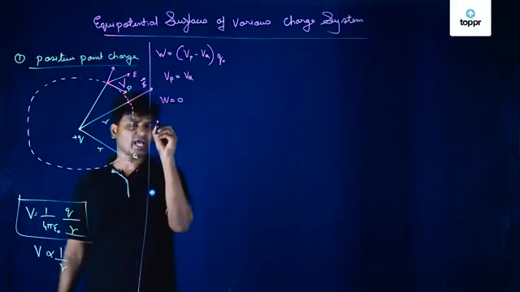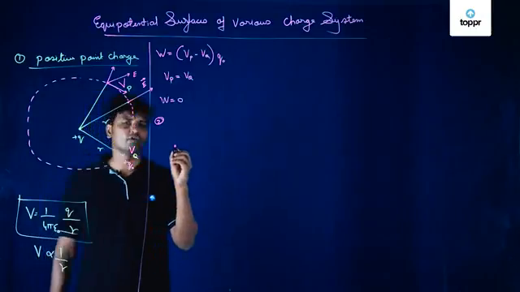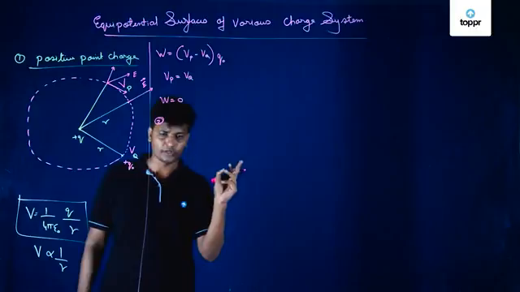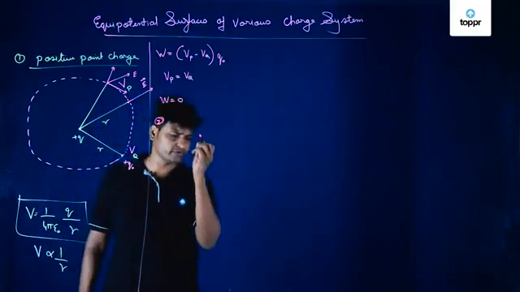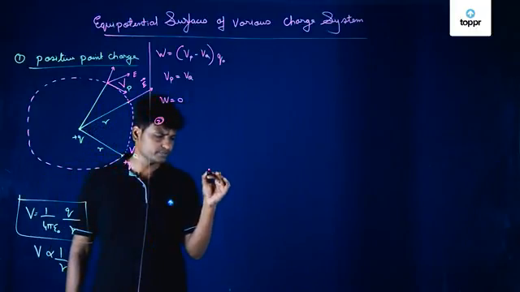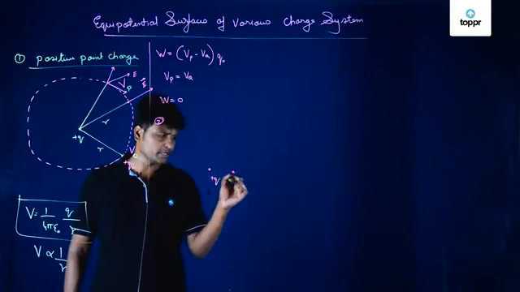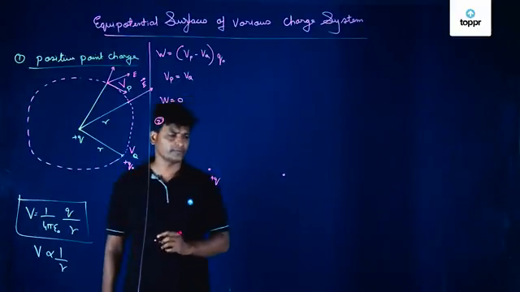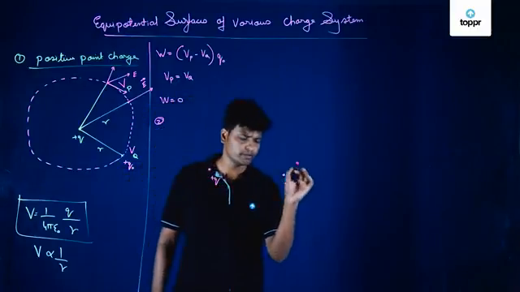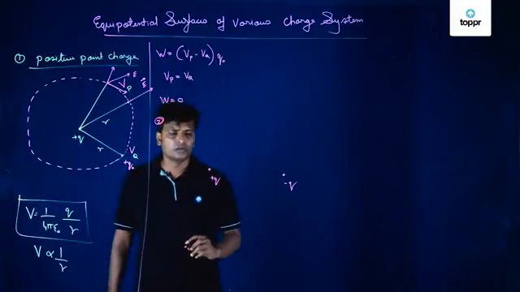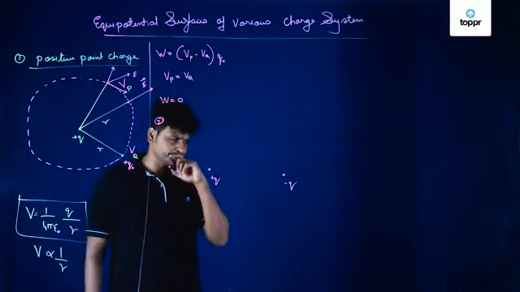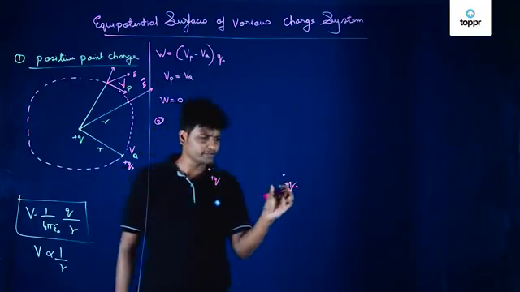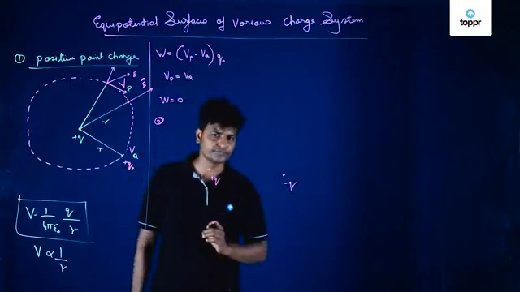So, we will have two charges having opposite polarities, a positive charge and a negative charge. Now, what will happen if the positive charge and negative charge are kept close to each other?